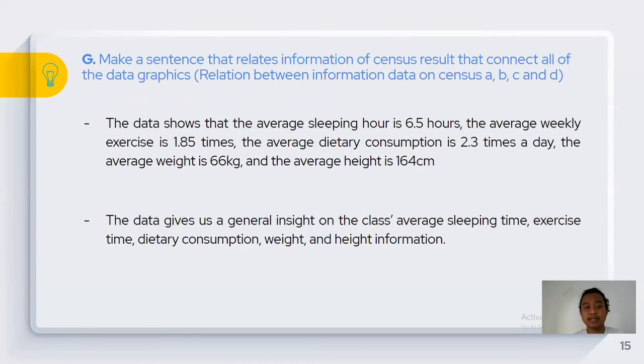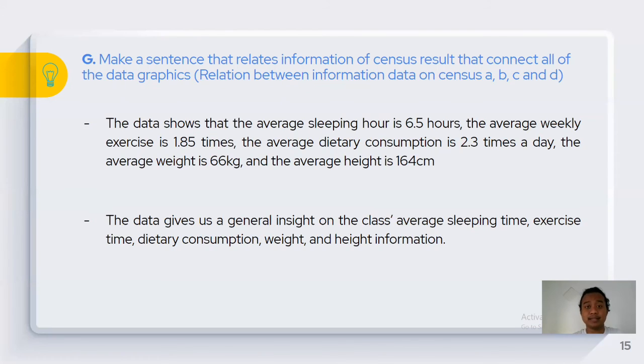And next, make a sentence that relates information of the census result that connects all of the data graphics. That is the relation between information data on census A, B, C, and D. So we already know that the data shows that the average sleeping hour is 6.5 hours a day, the average weekly exercise is 1.85 times, and the average dietary consumption is 2.3 times a day.